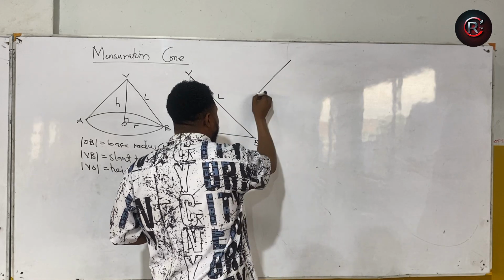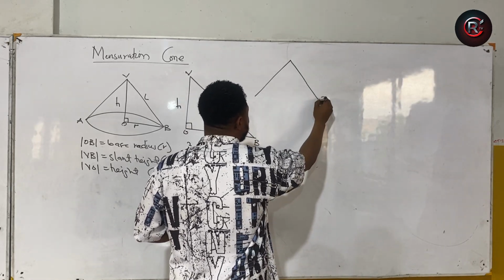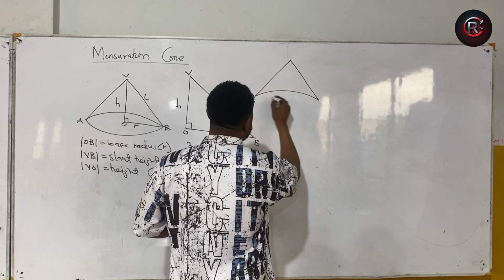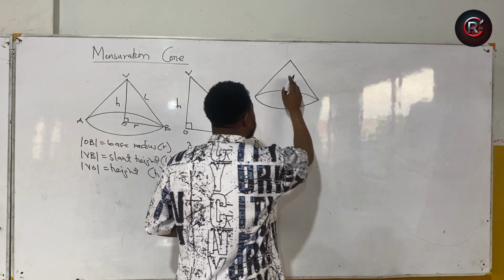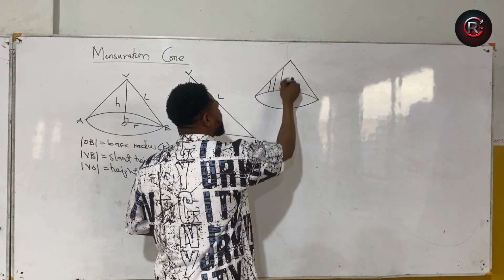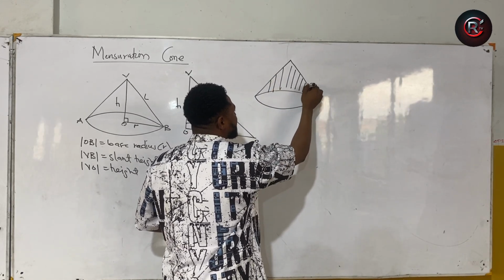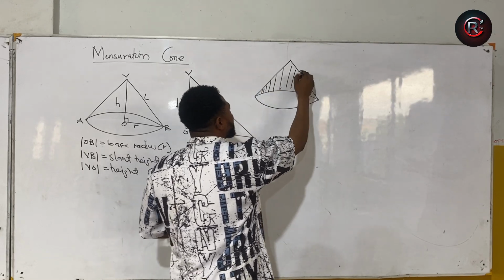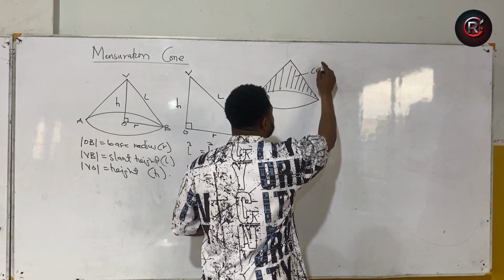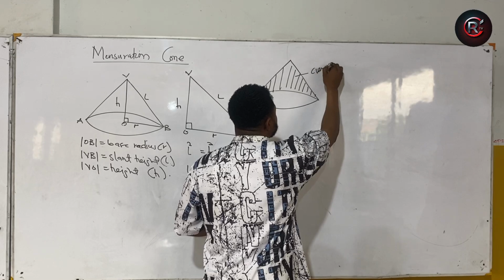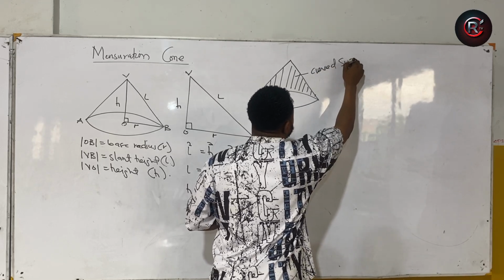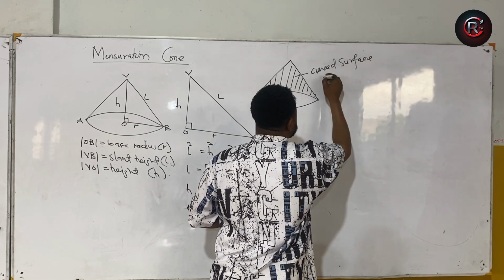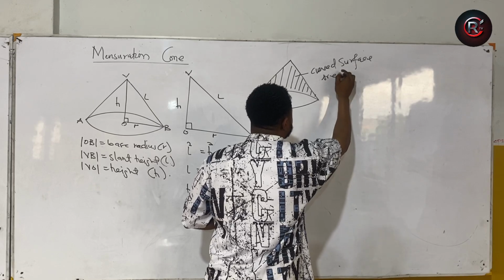Now, if we have our cone, as we can see, all right, we have the cone with the base, which is a circle. Now, this part of the cone, this part that I'm shading, we call it the curved surface area.